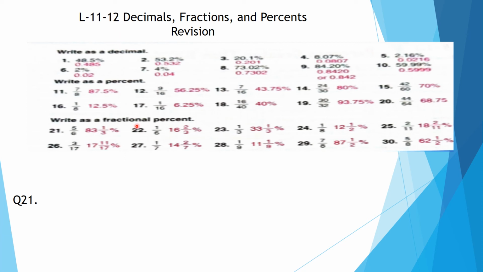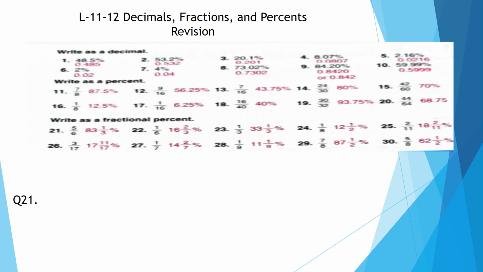Today we solve only 3 now, and all the rest are for your practice. Check your answers, because I am giving all the answers. For your practice you can solve it and check your answers.